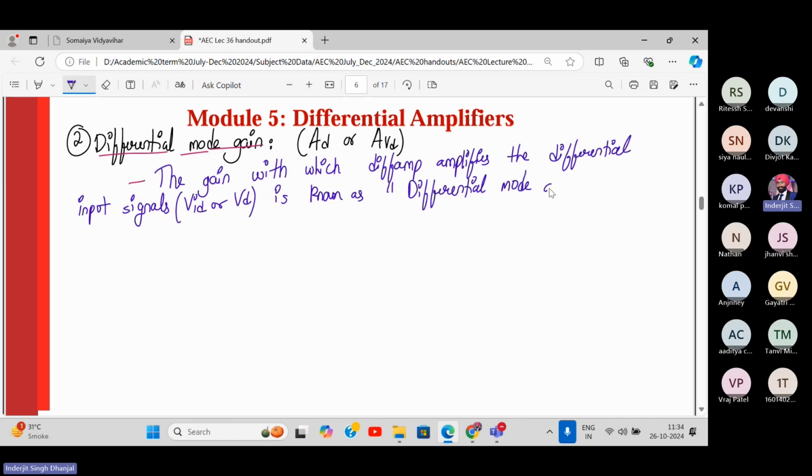The gain with which a differential amplifier amplifies the differential input signals is known as differential mode gain.